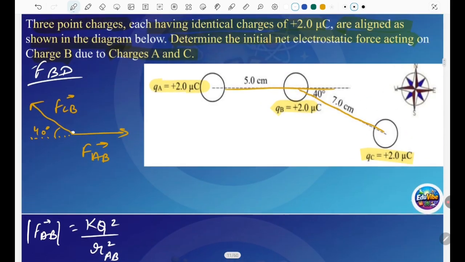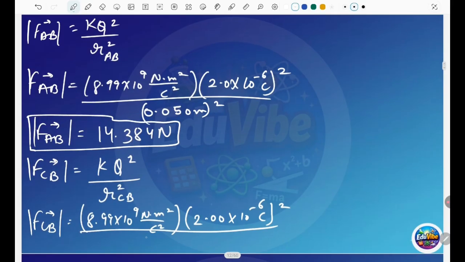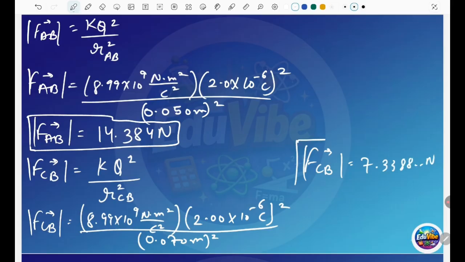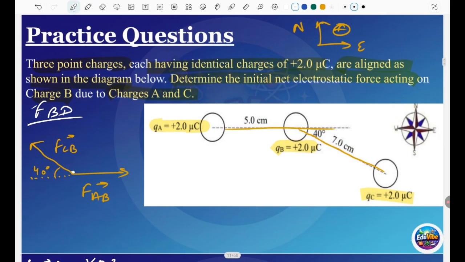Now we have 7.0 over there, which in meters is 0.070 meters squared. When you find this, you get about 7.3388 newtons. We take the unrounded value because we have to carry it forward. So now we have AB and CB, and now you can see over there the force from A to B.